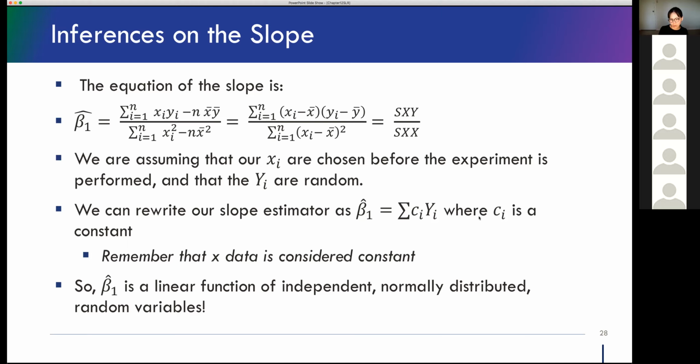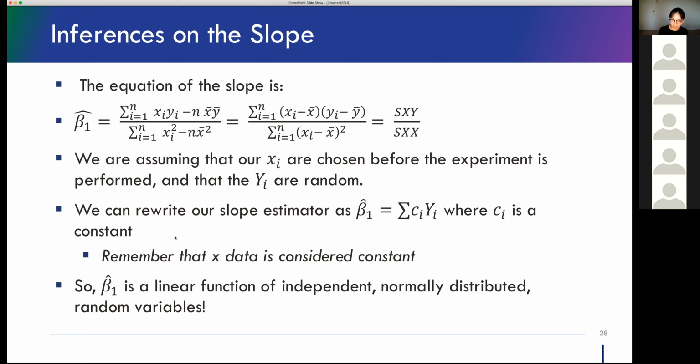Where ci is a constant, which definitely involves those x values, just by looking at this formula. We're talking about this because we want to say beta 1 hat is a linear function of independent, normally distributed random variables y. So beta 1 hat is also normally distributed. That way we know the distribution of beta 1 hat, right?